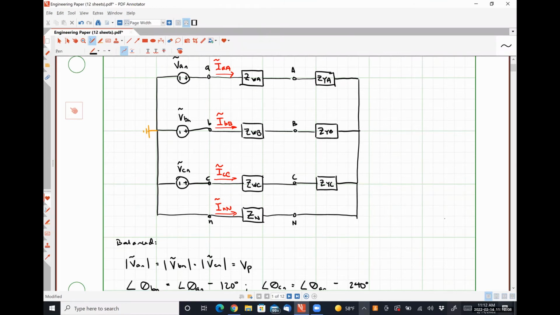IAA is the current that flows through impedance ZWA and also through impedance ZYA. The total voltage drop would be this voltage VAN, which is measured with respect to ground, minus this voltage, which will be V capital N lowercase n.